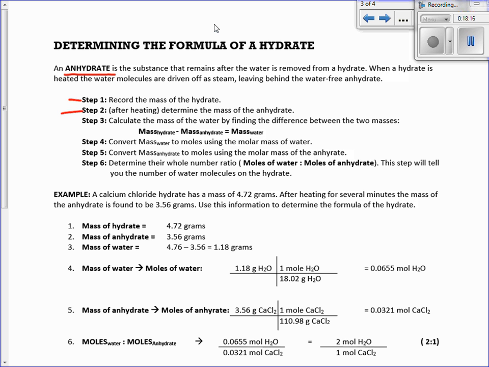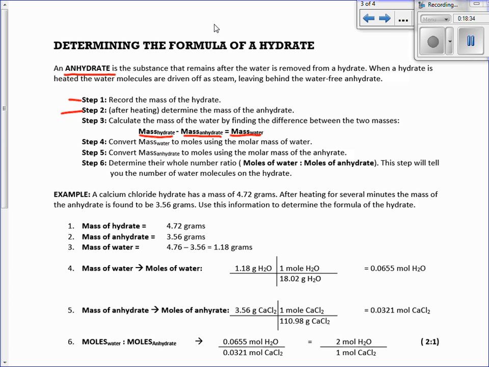Okay? Now, you're going to begin these problems with step 3, because you're not actually going to heat them. It's going to tell you it's been heated. You're going to take the mass of the hydrate, which is the total mass, minus the mass of the anhydrate to get the mass of the water.